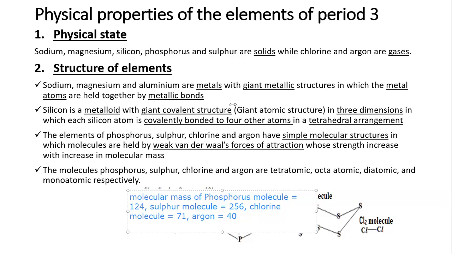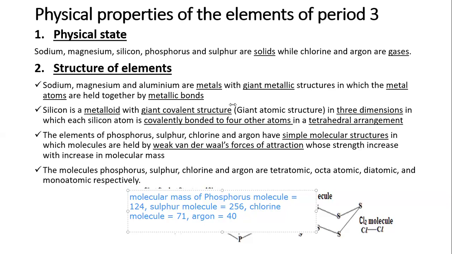Among phosphorus, sulfur, chlorine, and argon, sulfur is the one with the highest strength of the van der Waals forces of attraction, because it has the highest molecular mass.